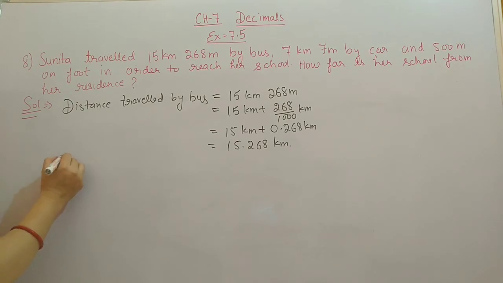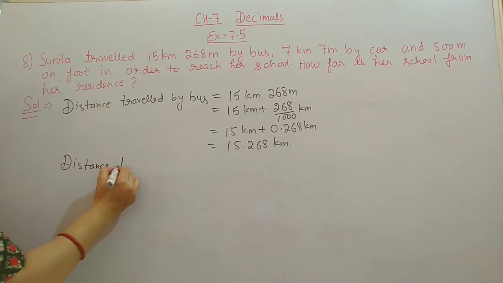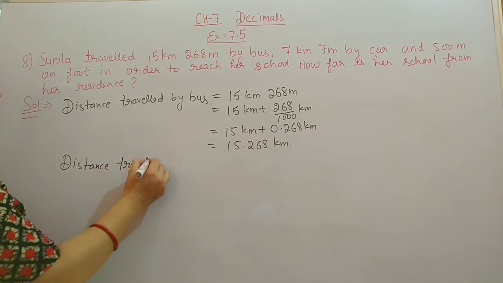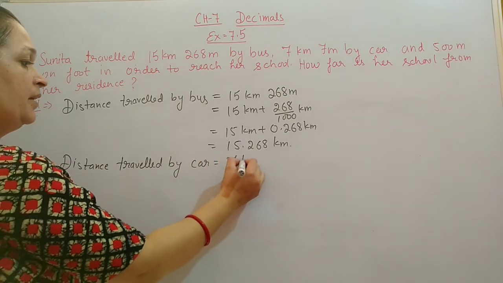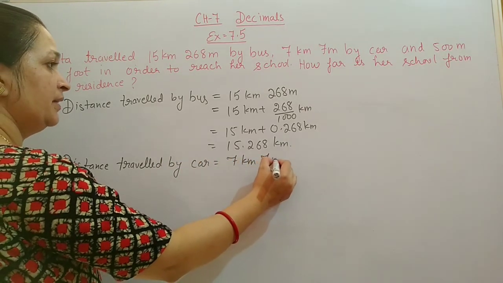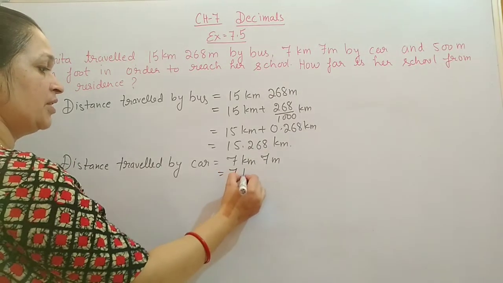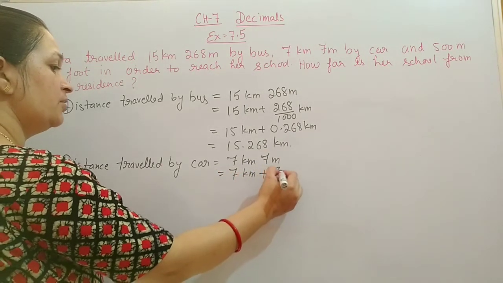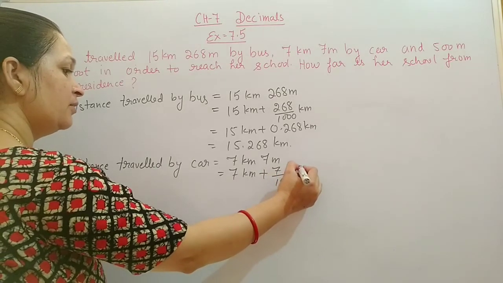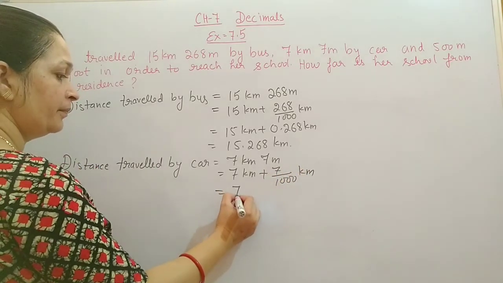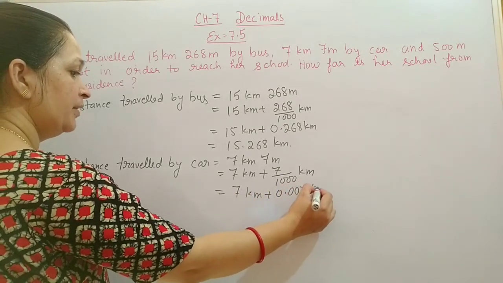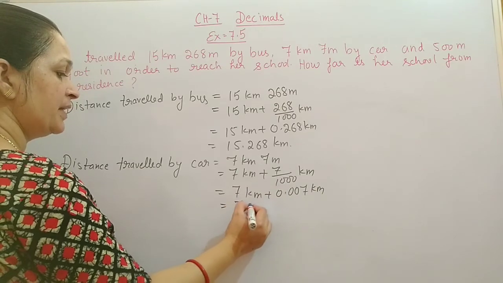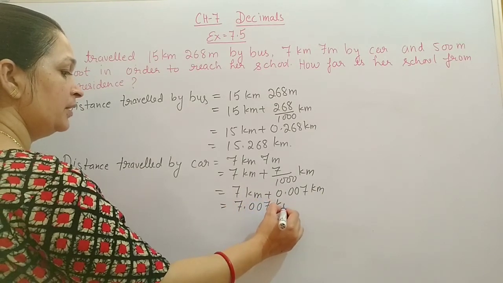Next, distance travelled by car: 7 kilometer and 7 meter. This 7 meter also we will change into kilometer by dividing by 1000. It will become 0.007 kilometer. After addition we will get 7.007 kilometer.